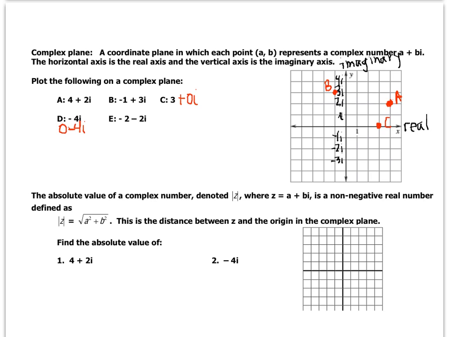So my real part is 0, I'm going to go over 0, and then down to 4i, which would be right here. There's my D. And then E, negative 2 minus 2i. So I'm going to go to negative 2, then I'm going to go down to minus 2i, so it'd be right here. So negative 2 minus 2i is right here, and there is E.